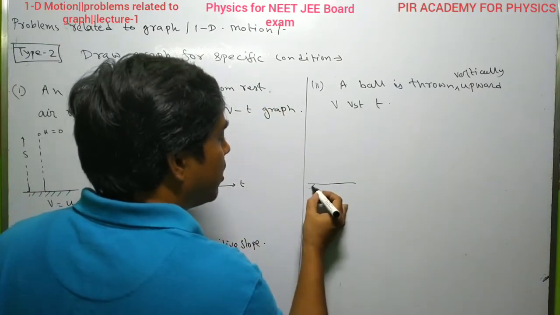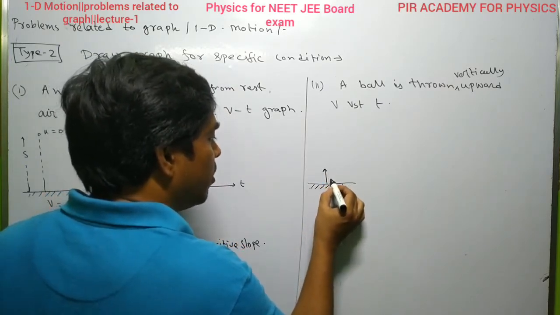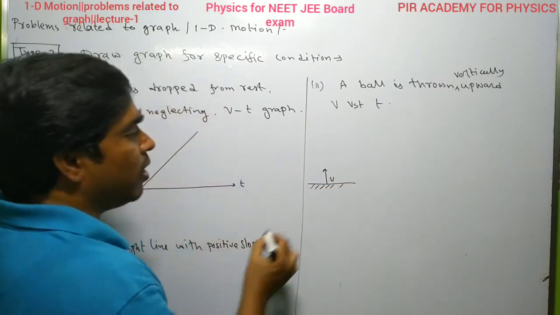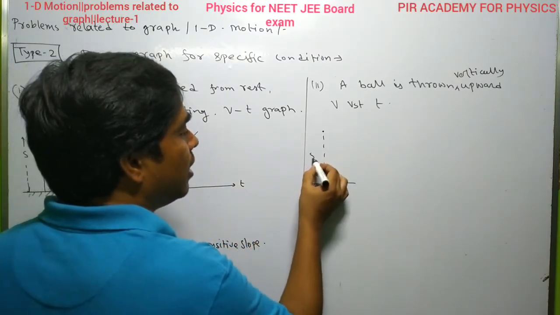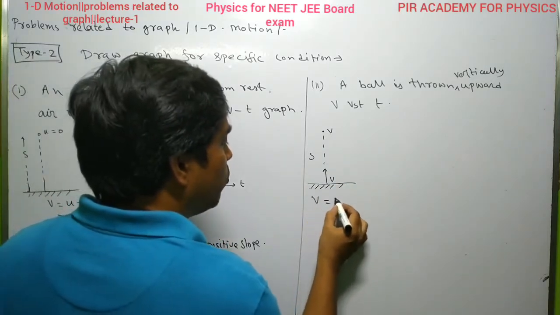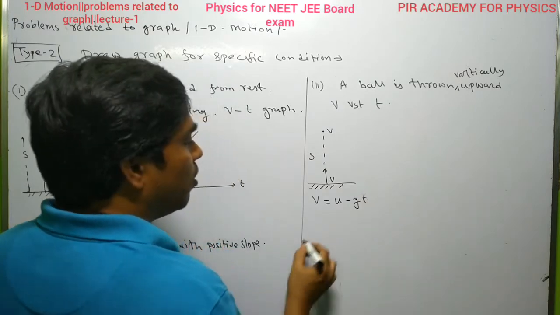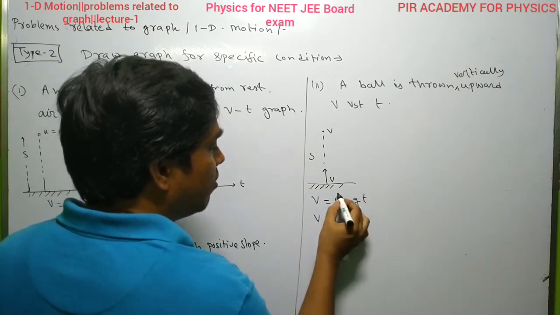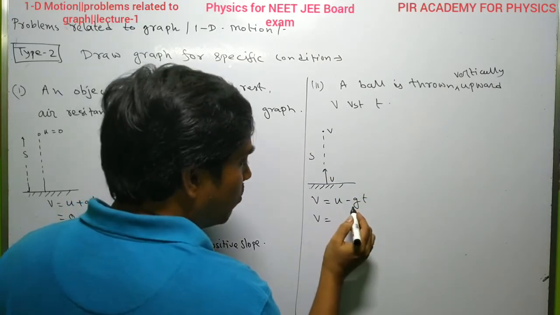Suppose this is the ground, and the velocity at the ground is V. At any instant of time, at some height, the velocity is v, then v equals u minus gt.